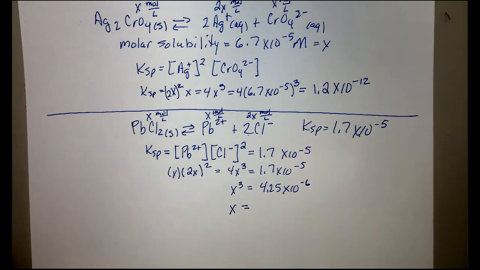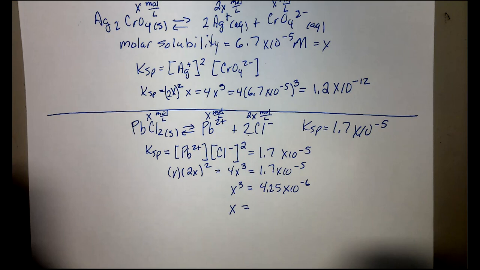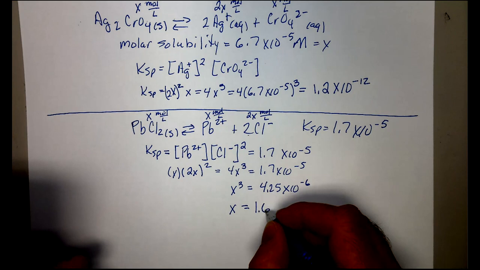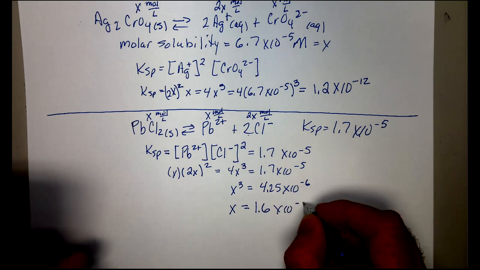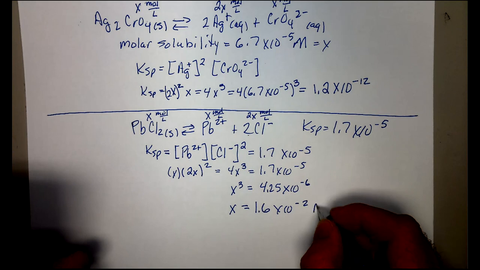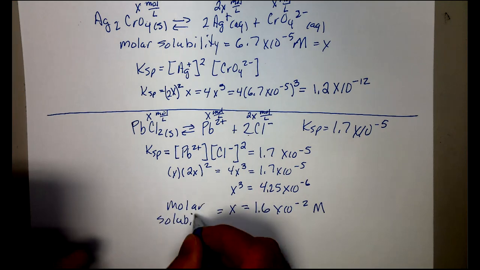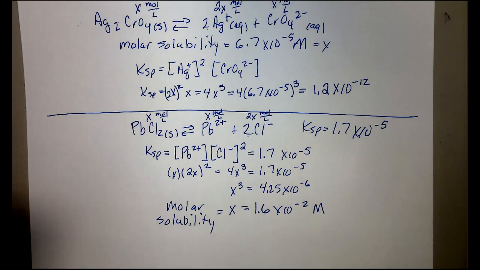Depending on your calculator, you may want to raise that to the 1/3 power, depending on how your calculator is set up. It's the same thing. And so x then is 1.6 times 10 to the negative second. And that is a molar concentration, because this is our molar solubility of that particular salt.